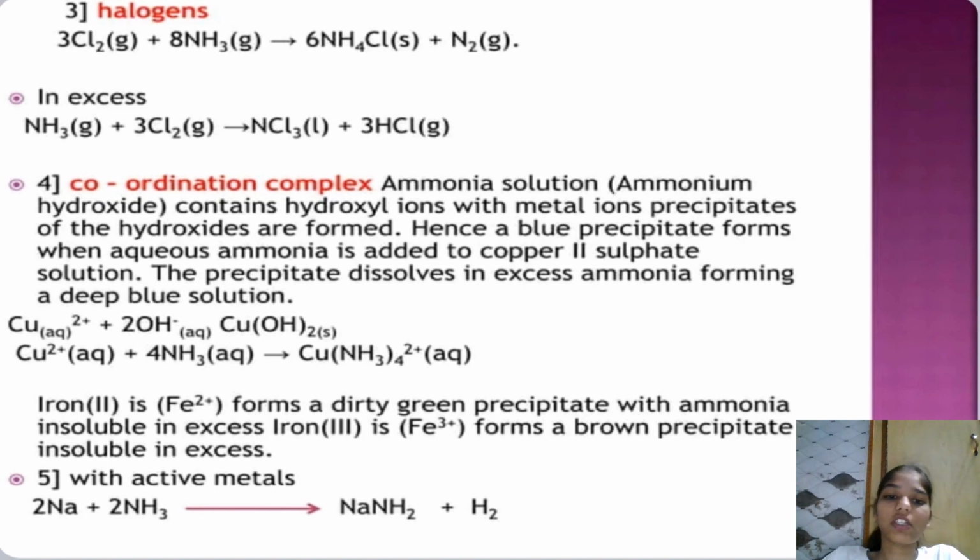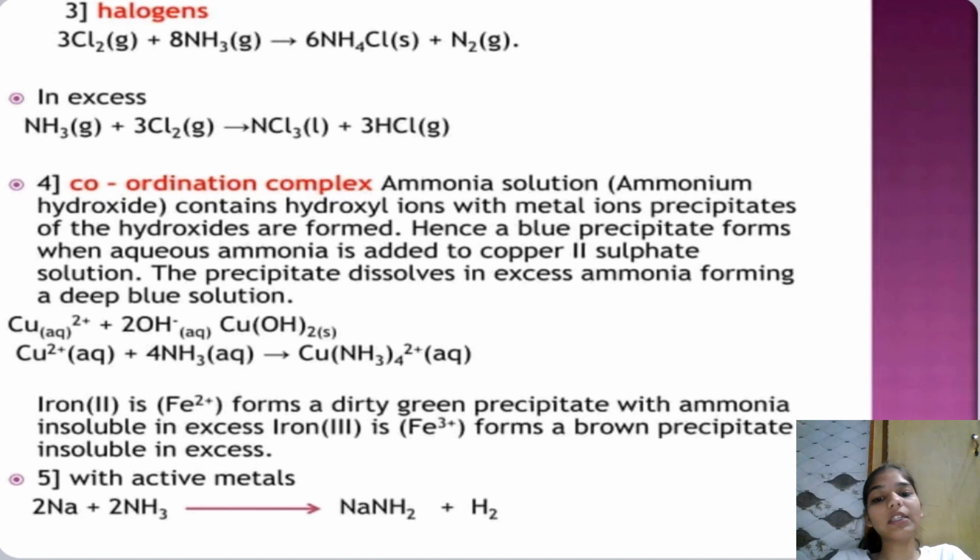Fourth, coordination complex. Ammonia solution contains hydroxyl ions which react with metal ions, and precipitates of the hydroxides are formed. Hence, a blue precipitate forms when aqueous ammonia is added to copper 2 sulfate solution.